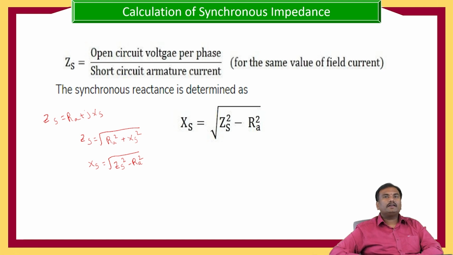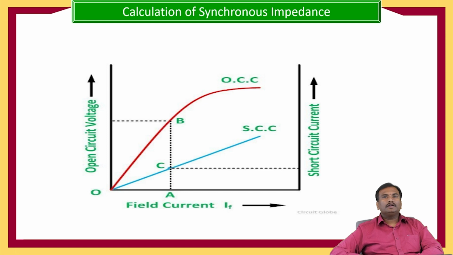Now, after getting the synchronous reactance, we have to calculate the voltage regulation. And how to take the synchronous reactance at the same field current where we get the rated voltage.